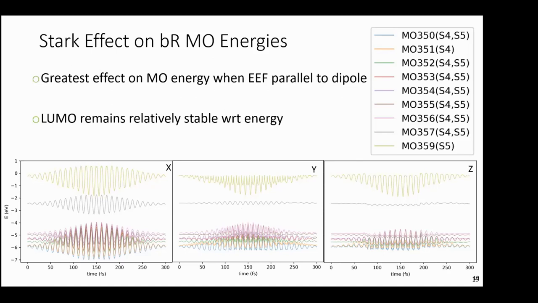This molecular orbital is essentially the only virtual molecular orbital associated with the excitation to the canonical S1 state, which in my calculations is predicted as an S0 to S5 transition. The greatest change in energy can be seen when the electric field is applied in the X direction, as this direction is nearly parallel to the dipole of the retinal moiety.